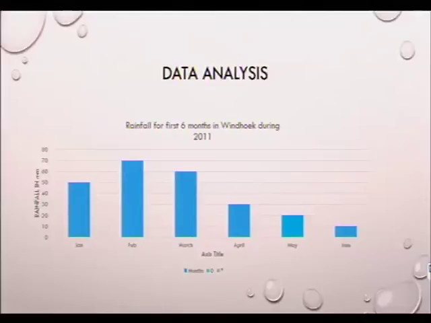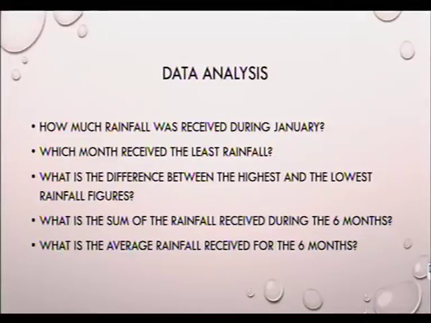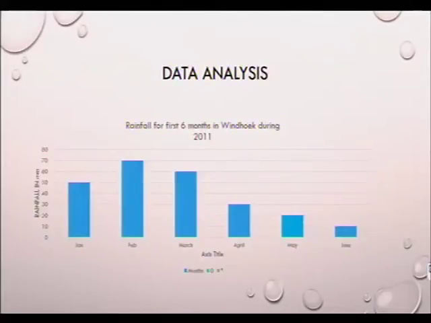Some examples of questions. Let's take the first one. How much rainfall was received during January? Go back to my graph. Now I find January. I see 50 millimeters of rainfall was received during 2011 in Windhoek.